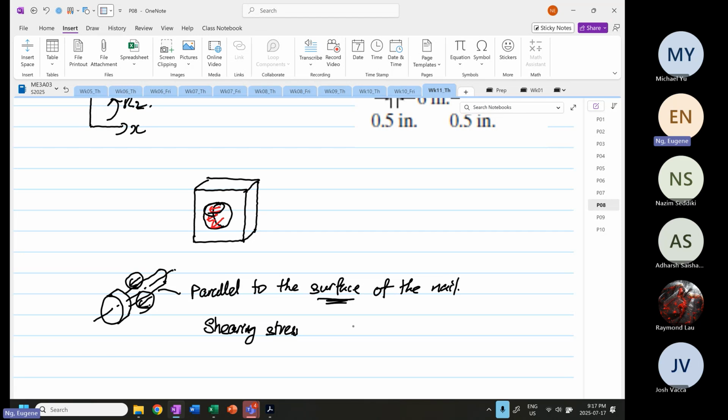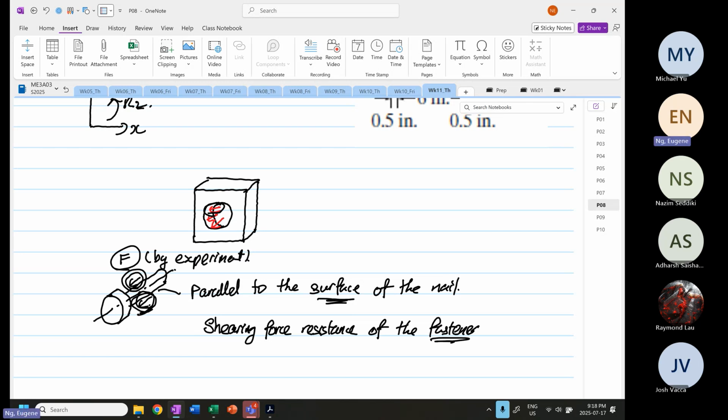So the shearing stress over here is the shear force resistance of the fastener. I will call this, usually they call it F. The only way to get this value is what? By experiment.